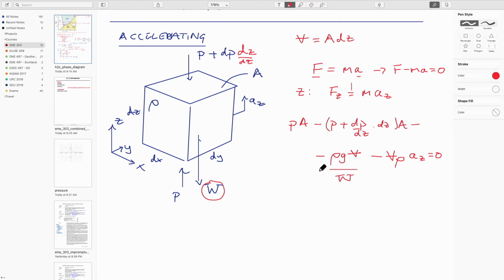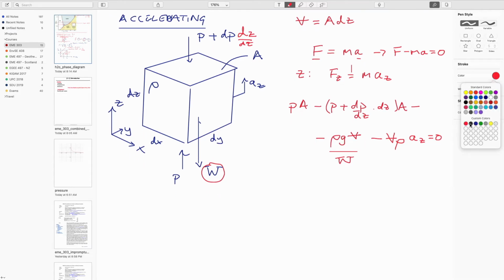So we can choose to get rid of some of these components. So clearly pressure and pressure cancel. We're left with this term. And so if you write those out in longhand, we end up with change in pressure with elevation, dP/dz, times dz times A. That's this term here.